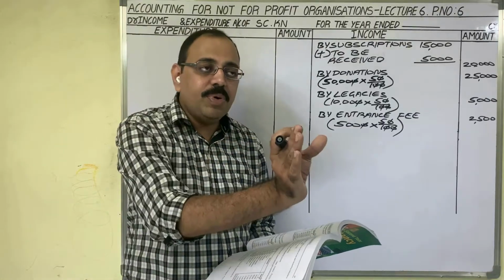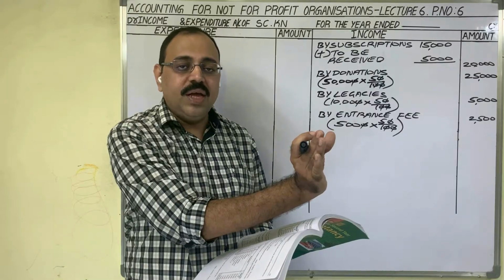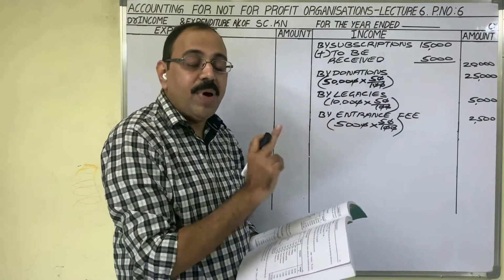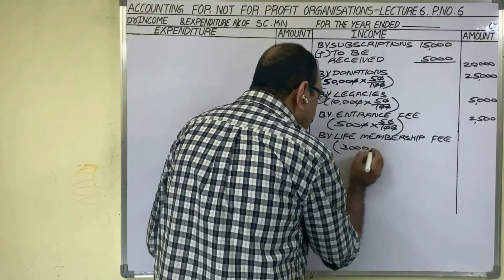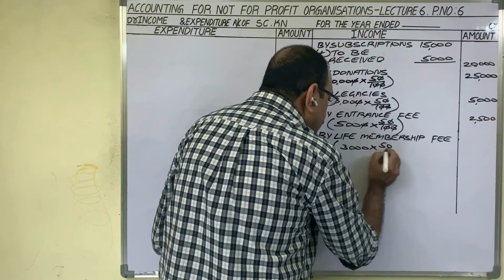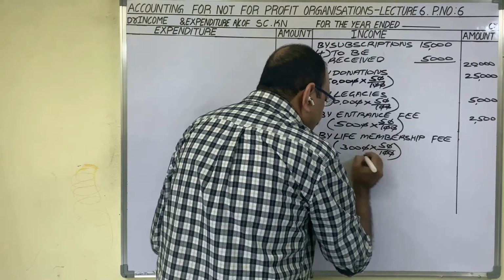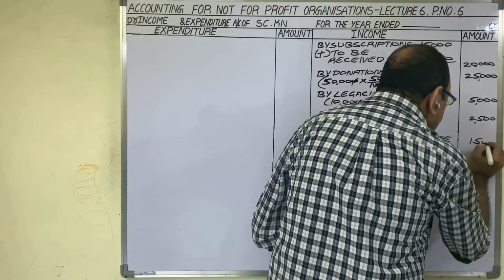So if 50% is capitalized, then the other 50% is revenue receipt. That revenue receipt appears here by life membership fee. 3,000, in that 50% we are taking here. 300 into 5, 1,500 rupees.